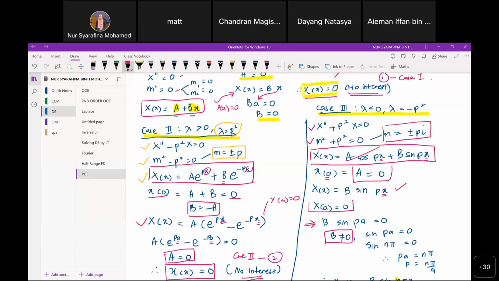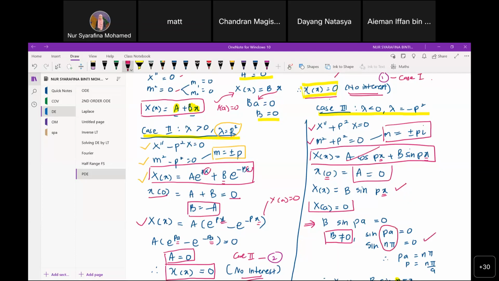We have to make sure that sine pa equals 0. So technically, when sine pa equals 0, and you know that sine n pi equals 0, you can just compare these two. Now, sine pa equals 0, so pa equals n pi, then p equals n pi over a.